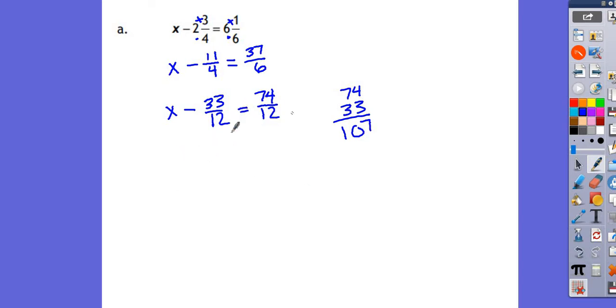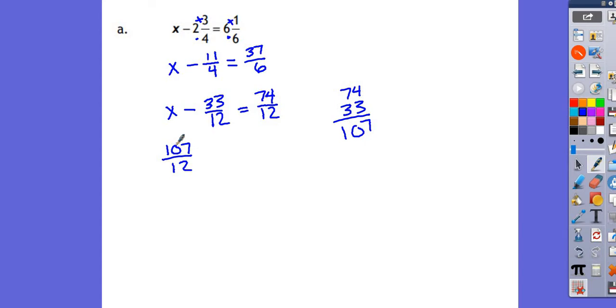So when I add those, I get 107 over the same denominator of 12. So if I take 107 minus 33, I should get 74, and I do. Well, I need to change this to simplify it.